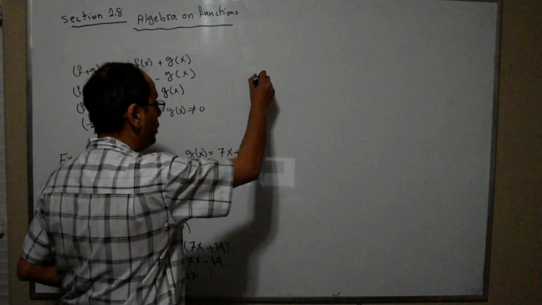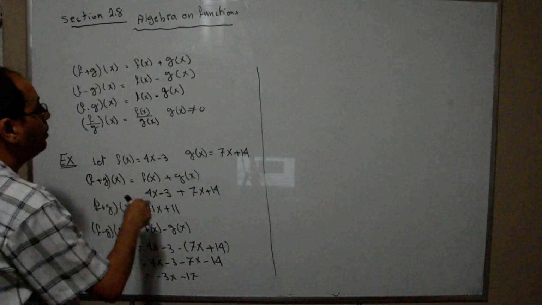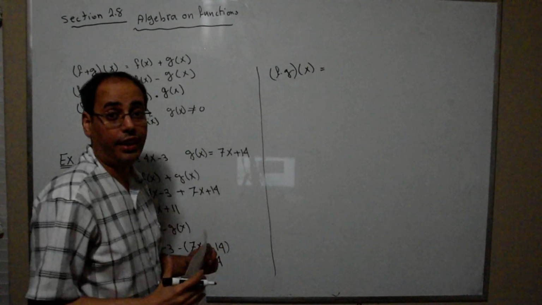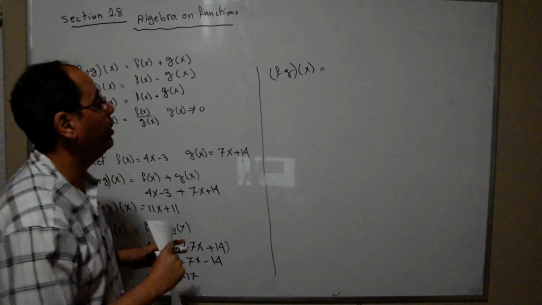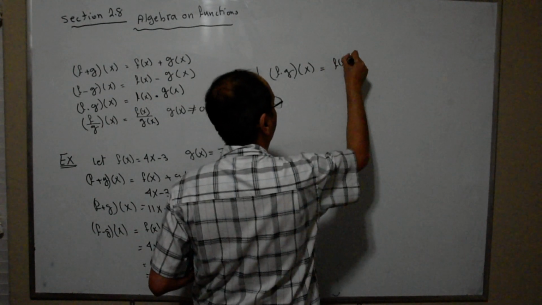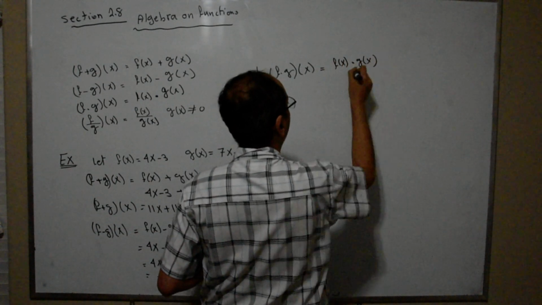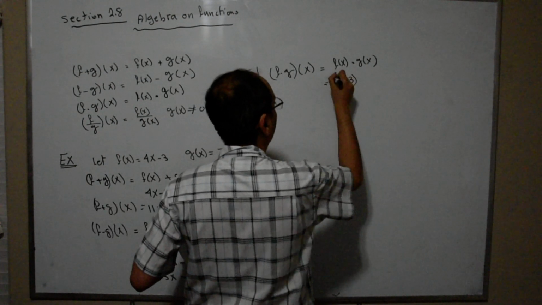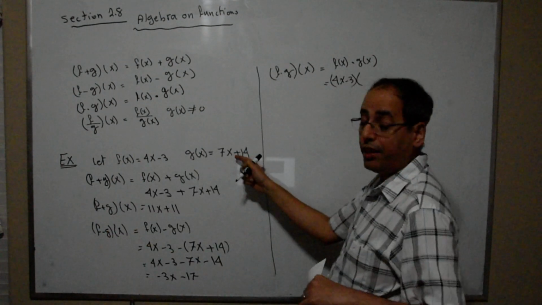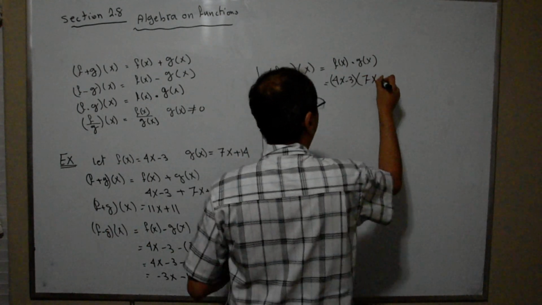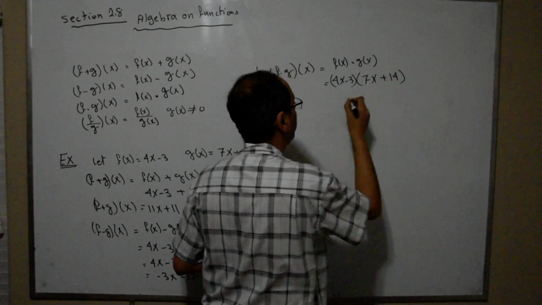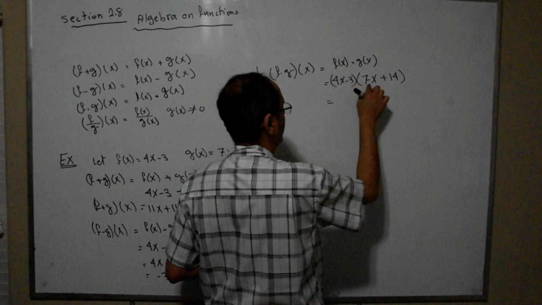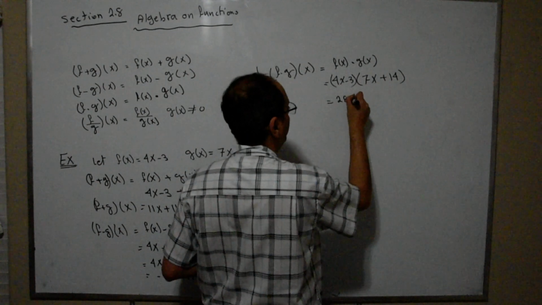Okay, let's do the multiplication. So I'm going to multiply f times g of x, which is again equal to f of x times g of x, and I'll get f of x is 4x minus 3 times g of x is 7x plus 14. And we do regular FOILing. 7x times 4x is 28x squared.